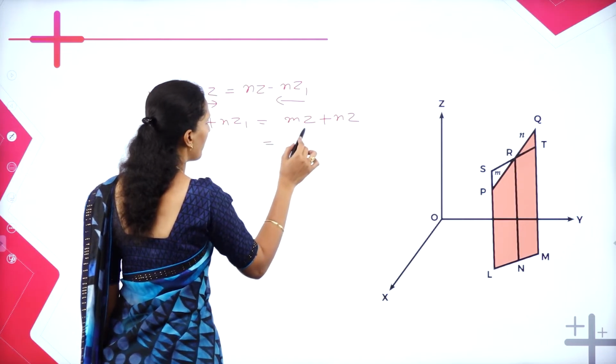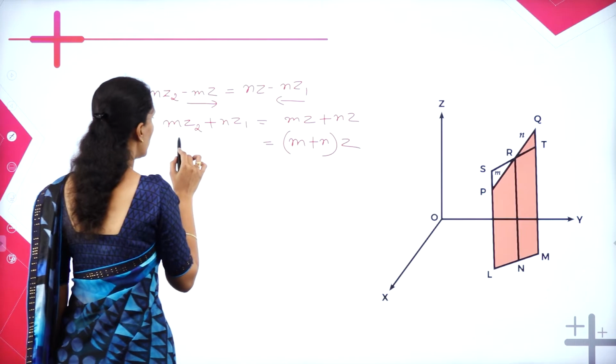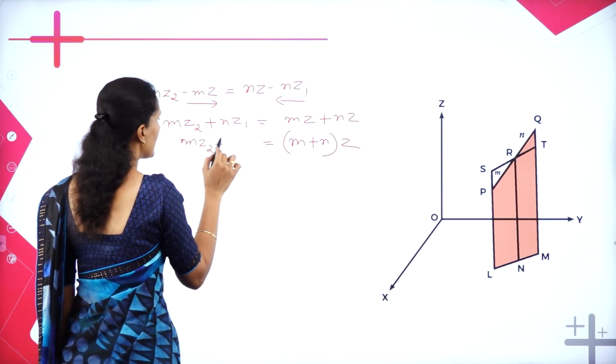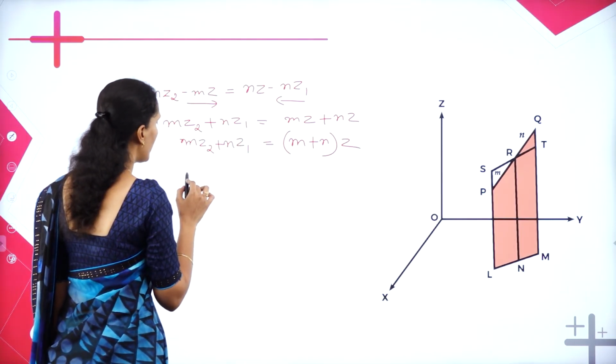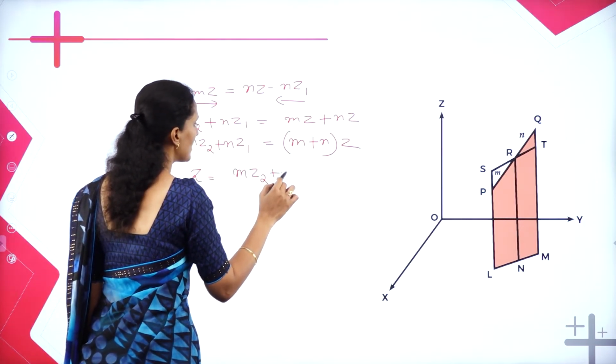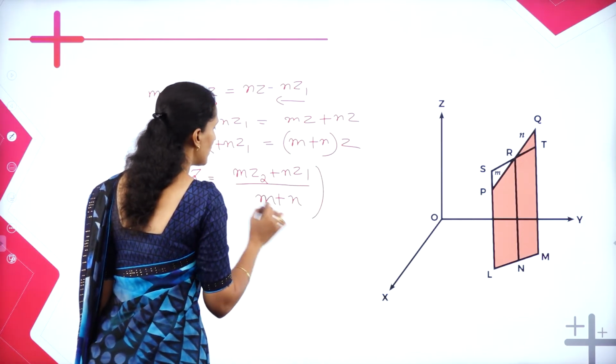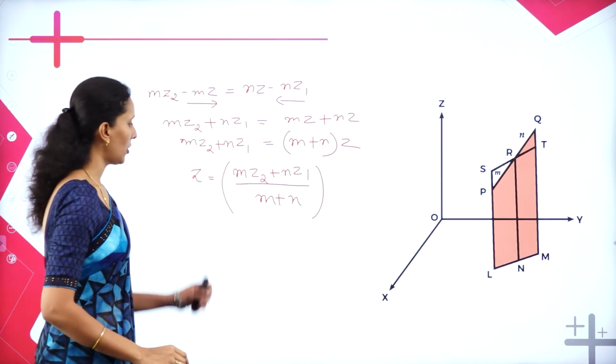Take Z as a common factor here: M plus N into Z. So, if I need only Z, it is clearly MZ2 plus NZ1 divided by M plus N. So, this is a formula to find the coordinate of Z.